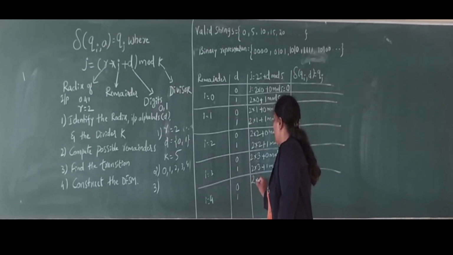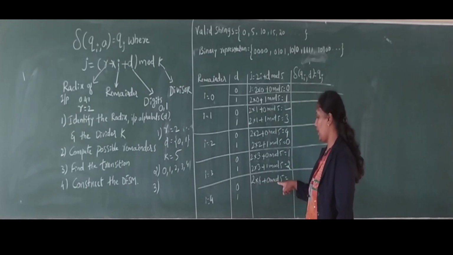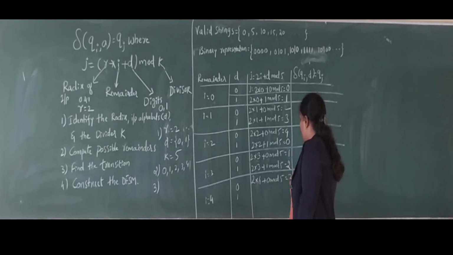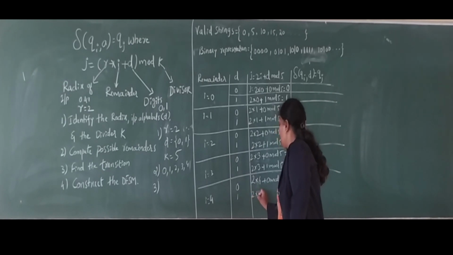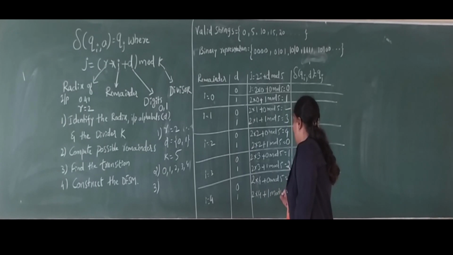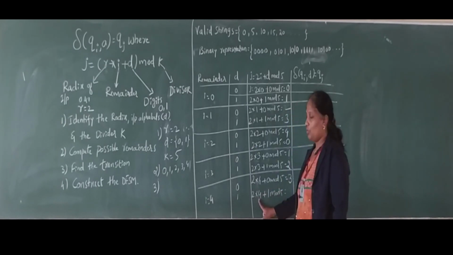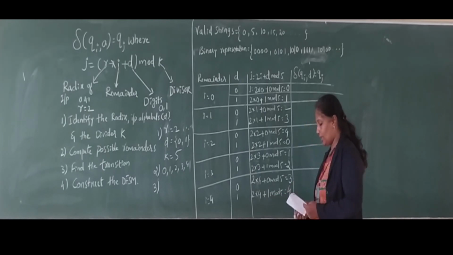Next, 2 into the I value, 4, plus 0 mod 5 equal to 8 mod 5, the remainder is 3 in this case. Next, 2 into 4 plus 1 mod 5. 4 into 2 is 8, 8 plus 1 is 9, 9 mod 5 equal to 4 here.